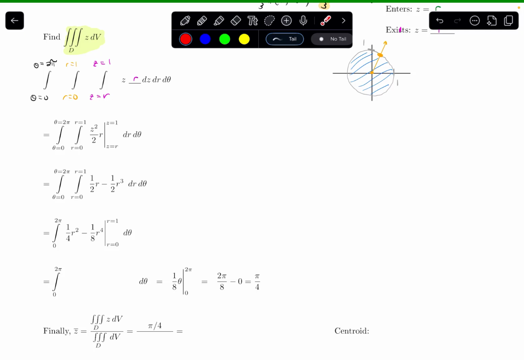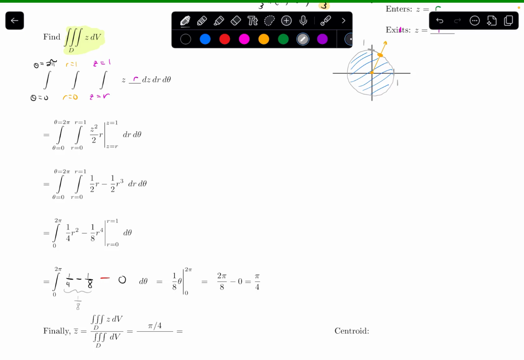Now if I do the antiderivative, I'll get 1/4 r squared minus 1/8 r to the 4th. If I plug in 1, I'll get 1/4 minus 1/8, and then I have to subtract. If I plug in 0, I'll just get 0.